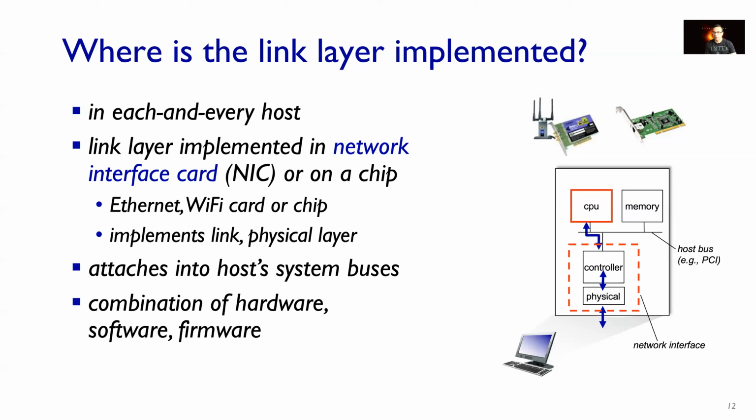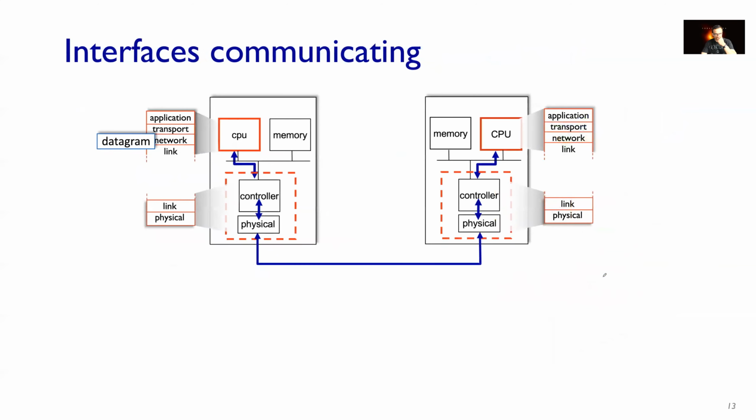If it's wireless, then it's just a radio, basically a transceiver that's transmitting and receiving. So effectively, it's a combination of hardware, software, and firmware. As you see, the link layer is split up. Part of it is running on your computer itself, and part of it is directly running on the hardware.